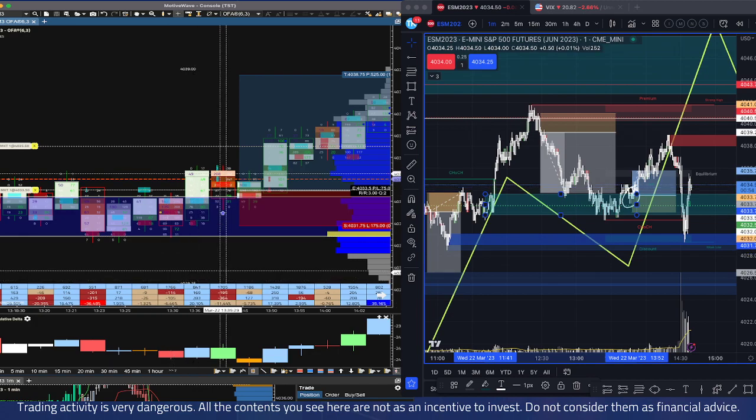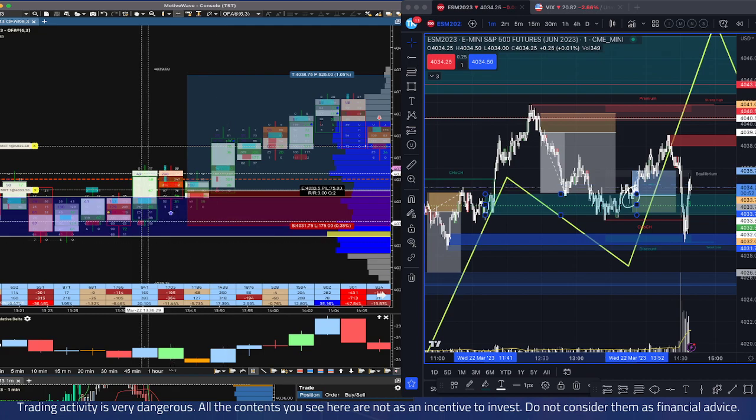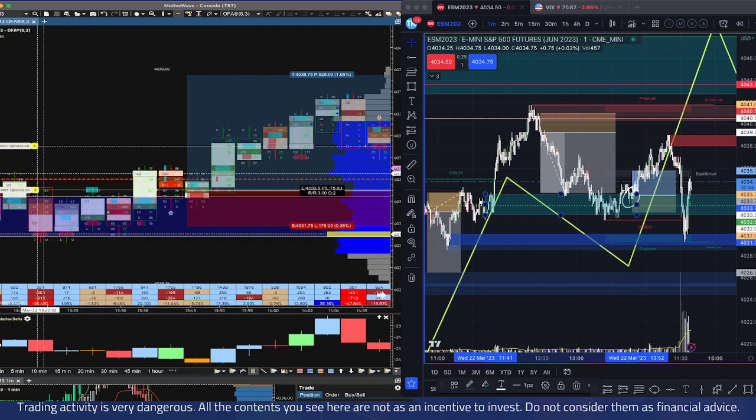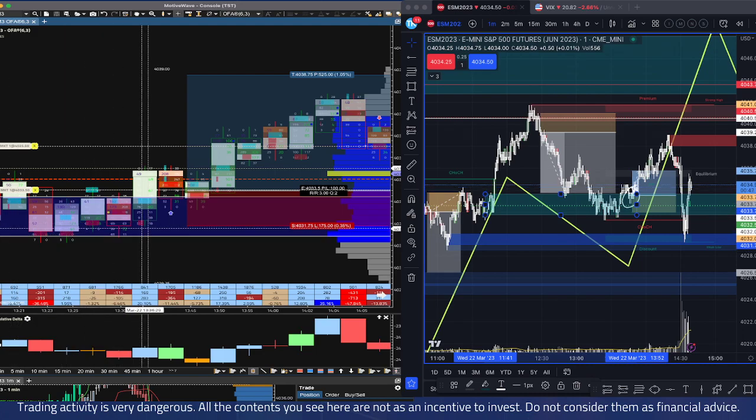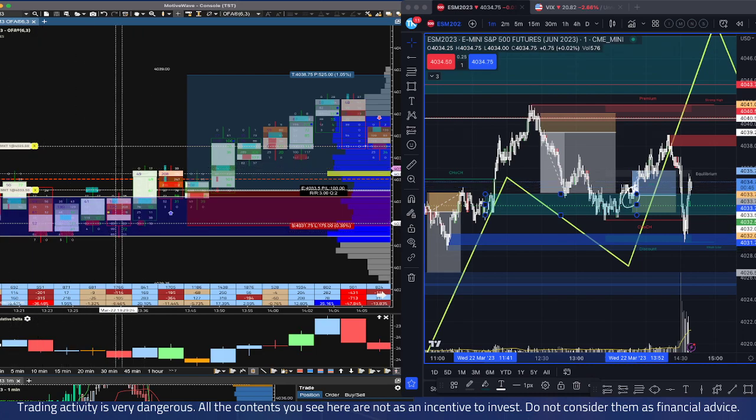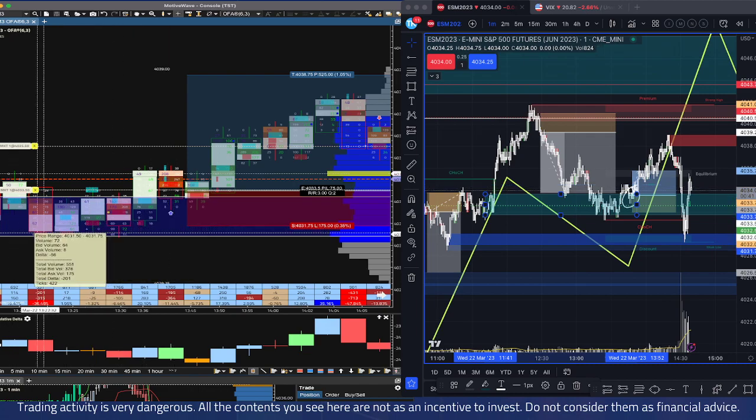Okay, another good signal is all this, as you can see, the red boxes below the candle means that we have strong sellers' pressure, but without any result. Strong effort, but no result.